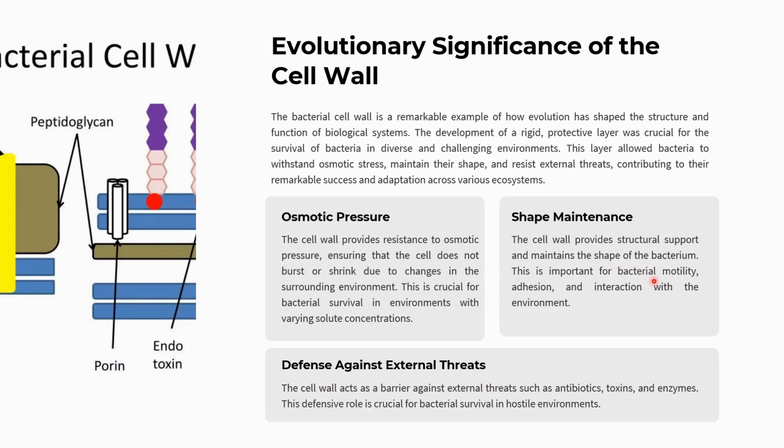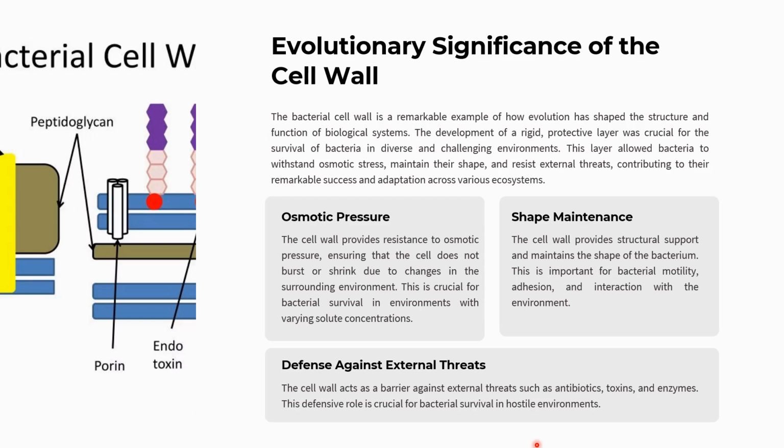Then the second one is shape maintenance. For shape integrity, the extensive cross-linking between glycan strands forms a rigid and resilient lattice known as the murein sacculus, which encases the bacterial cell membrane and maintains its shape. The third evolutionary significance is defense against external threats.